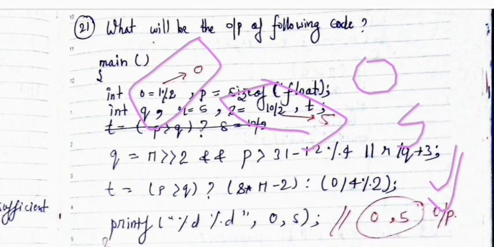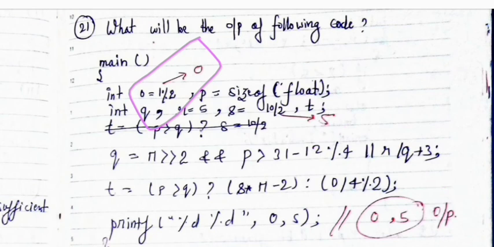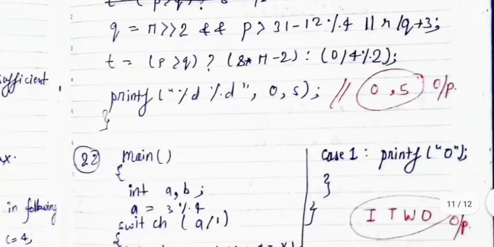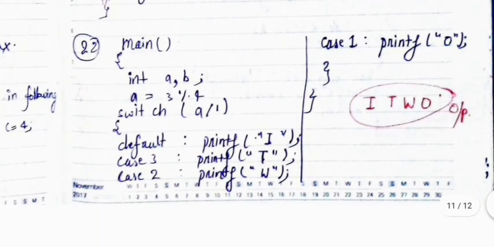Now come to the next question. The next question is defined as main, int a comma b, a equal to 3 modulo 4, and a switch case is used here on a divide 1: default printf I, case printf t, case 2 printf w, and case 1 printf o.